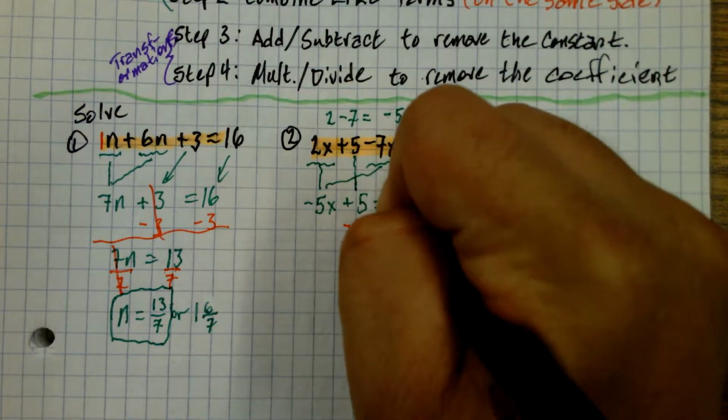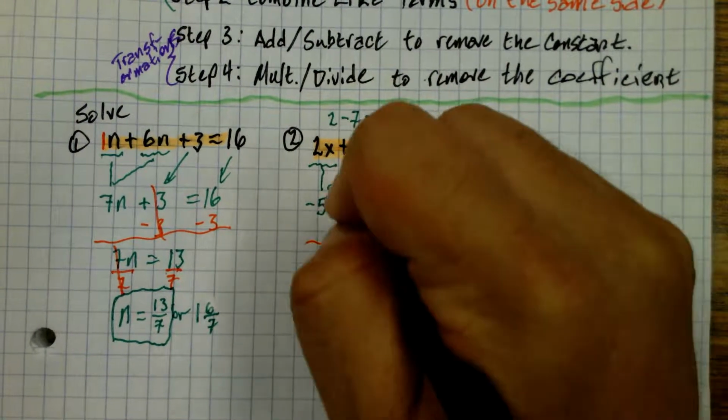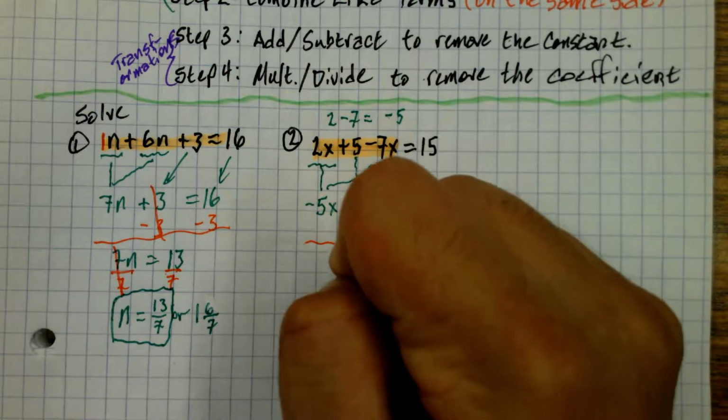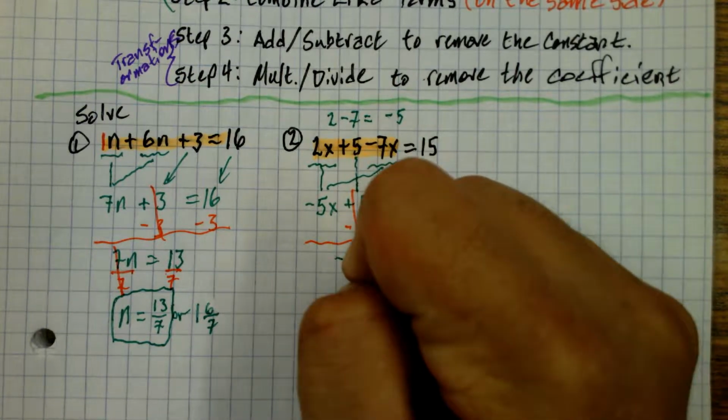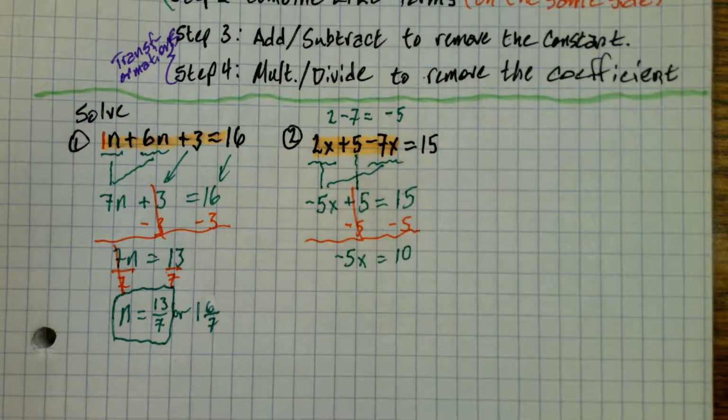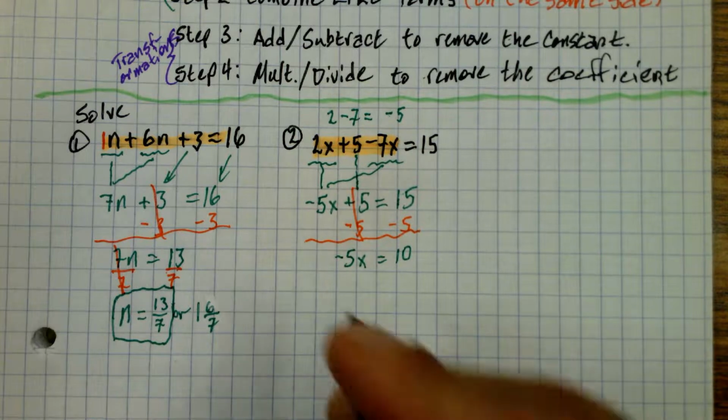Minus 5, minus 5. What's that? I think it is. Because I'm going to bring down negative 5x equals positive 10. 15 and negative 5 is positive 10. And now I have to divide, don't I?